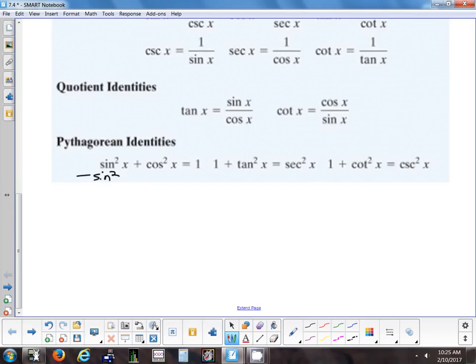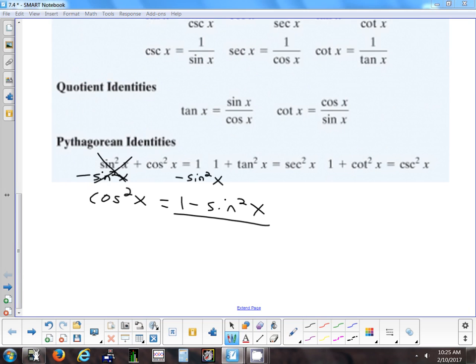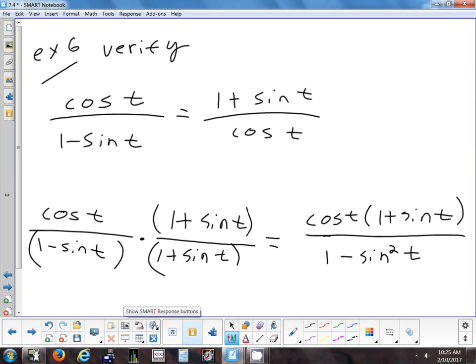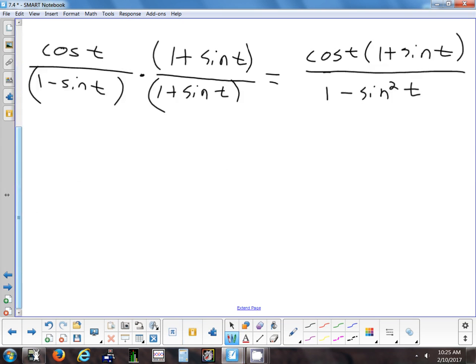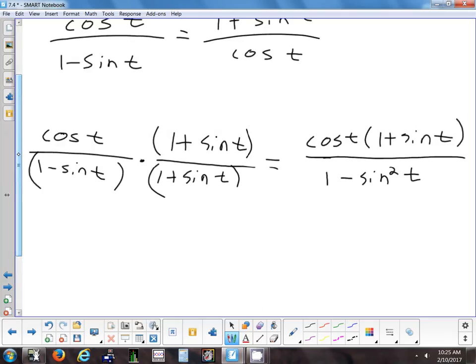If you just subtract sine squared on both sides, on the left you would have cosine squared, and on the right you have exactly what we have in our problem, 1 minus sine squared. So what is 1 minus sine squared equal to? 1 minus sine squared is cosine squared. Okay. So I'm just going to cross this out and replace it with cosine squared.